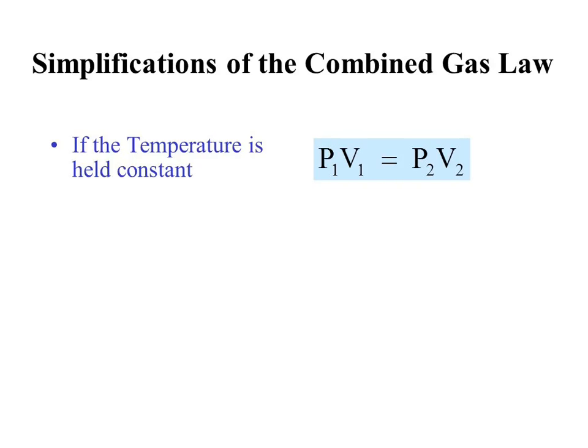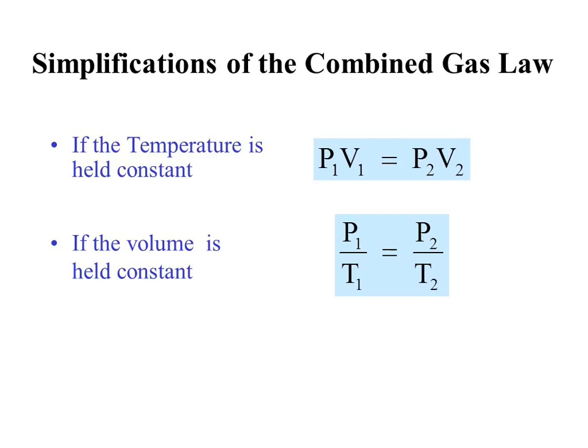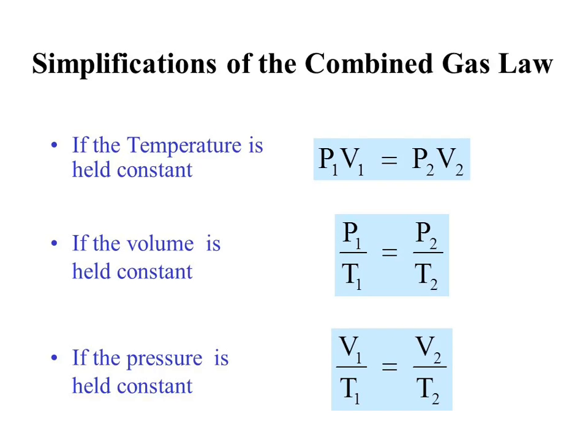So it boils down to this. If the temperature is the same in both cases, or if the volume is the same in both cases, or finally, if the pressure is the same in both cases. You don't have to memorize these 3 versions of the combined gas laws because they kind of fall into place.